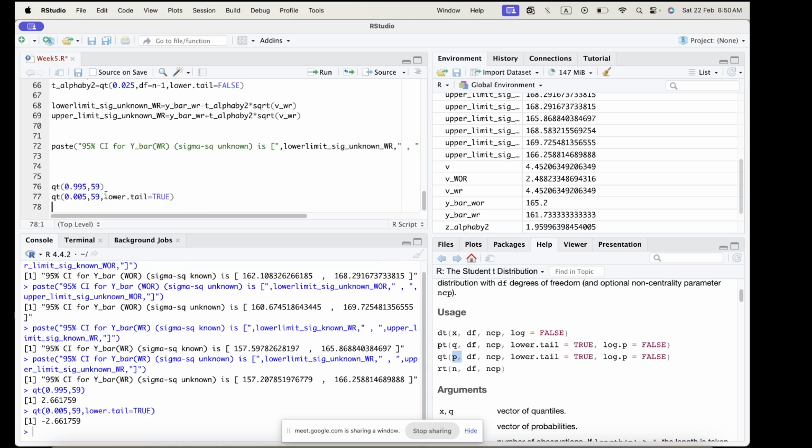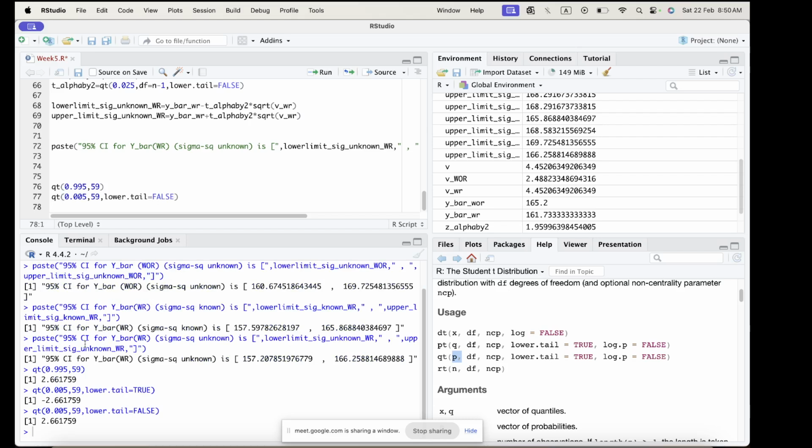Sorry, lower.tail equal to false. So it was actually the same thing, 2.66.